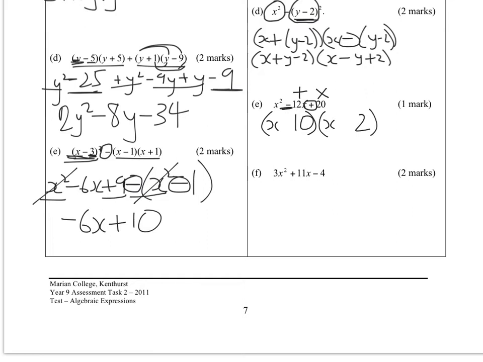So if that's negative, both are negative. Now, F, because there's nothing common in this, if that was, say, a 12 and that was a 6, then you could take out a common 3 and solve the trinomial. But because there's nothing common, you actually don't have to do that one.